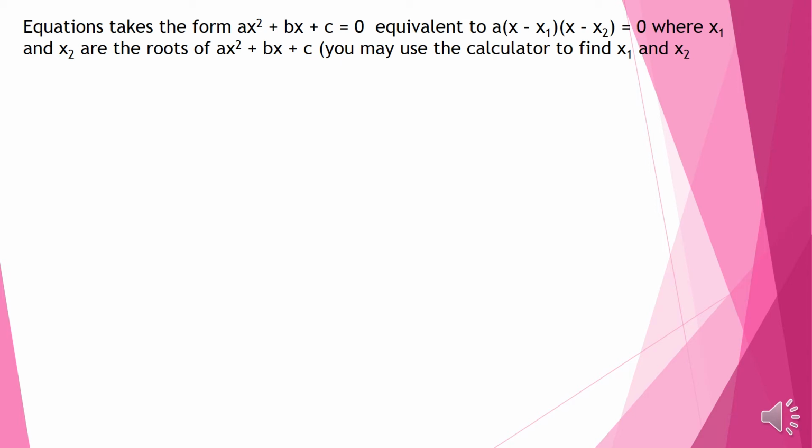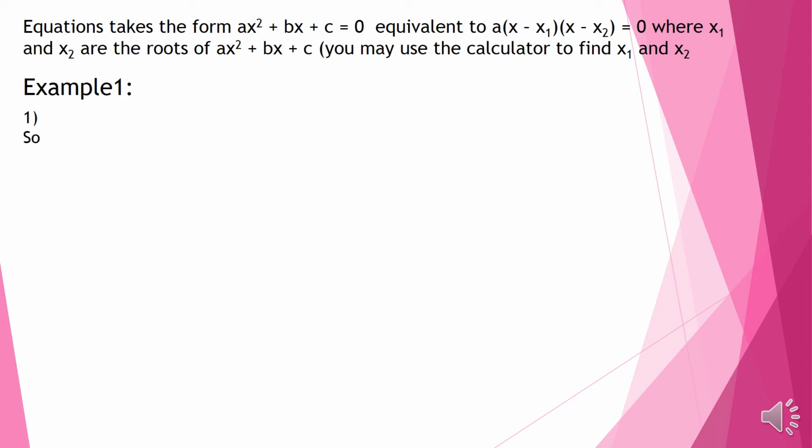If you replace x by x2 in the expression ax squared plus bx plus c, we also get 0. So x1 and x2 are called the roots of this equation. You may use the calculator to find x1 and x2.